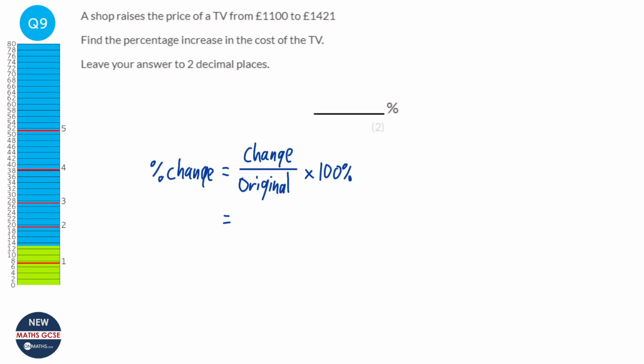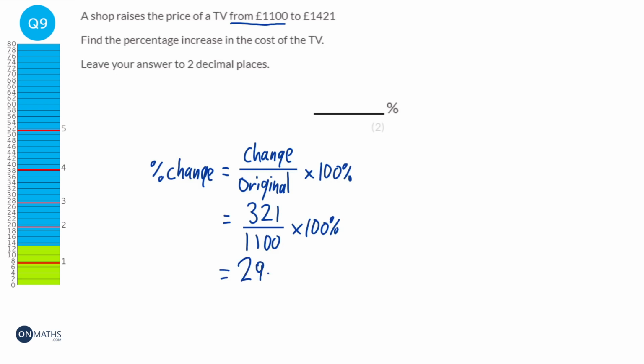So 1,421 take away 1,100, which is 321. Divide that by the original amount. So the original amount was the 1,100, and then times by 100%. And that's going to be 29.18%.